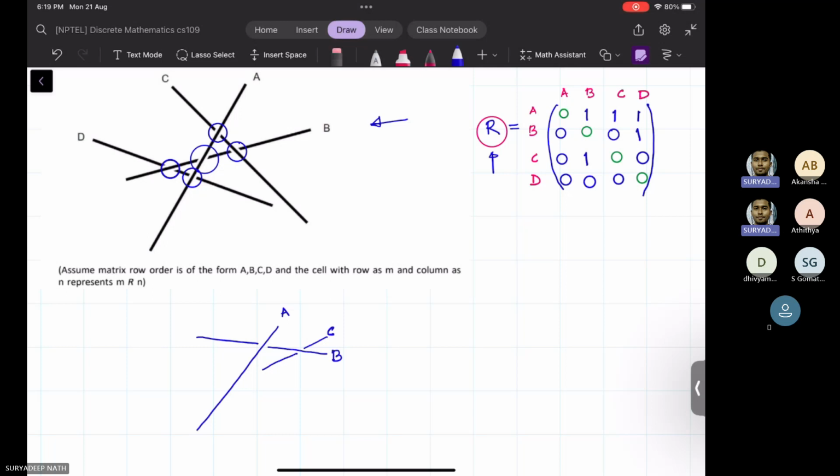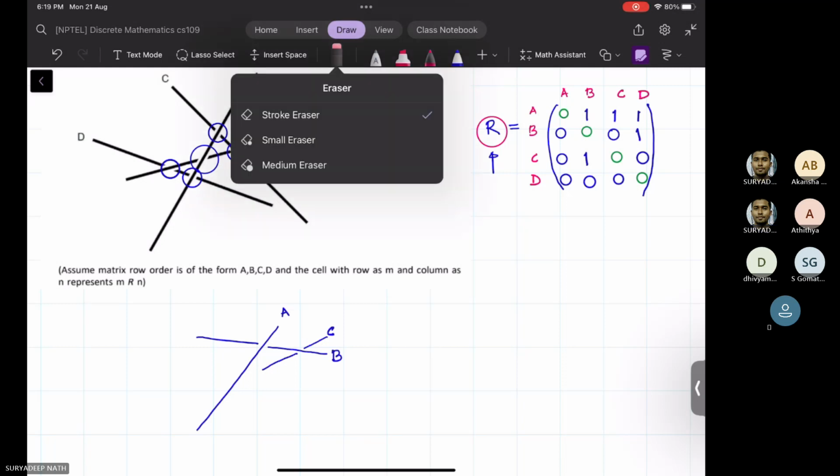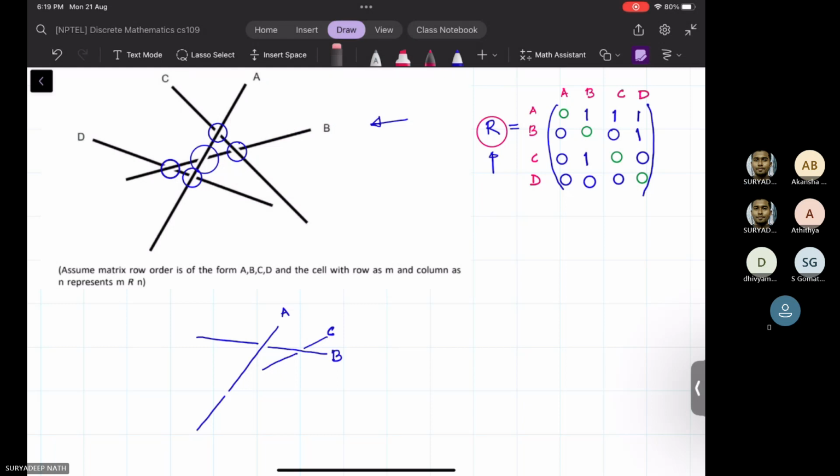This is C. Now let us extend this stick in such a way that it goes like this, which means that C is now over A. So such an arrangement can exist, right? This shows that the relation is not transitive.